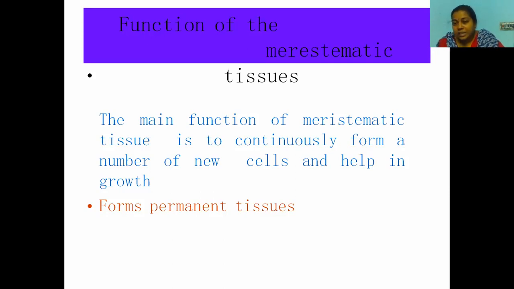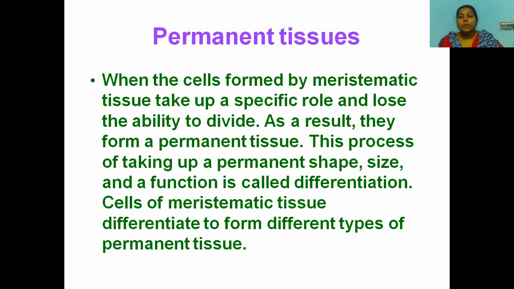Cell wall is thin, elastic, and made up of cellulose. Each cell has abundant cytoplasm and the nucleus at the center. Some cells may lack a vacuole, and even if present, it is of very small size. Okay, this is about the meristematic tissue. Let us see the permanent tissue.